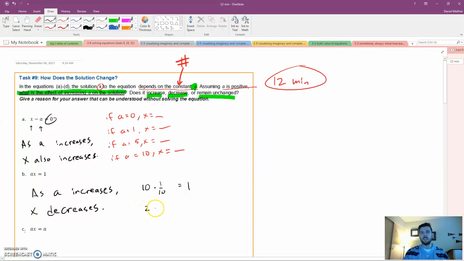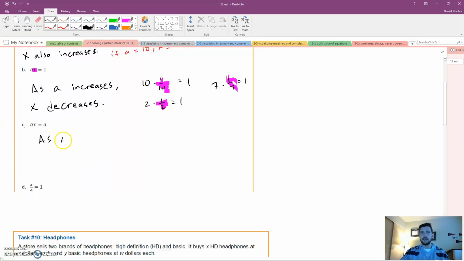And if a was 2, you'd have to multiply it by a half to get 1. If a was 7, you'd have to multiply it by 1/7 to get 1. I think you see a pattern. But x gets smaller, like let's highlight it. X gets smaller. It becomes a fraction. It's a reciprocal.